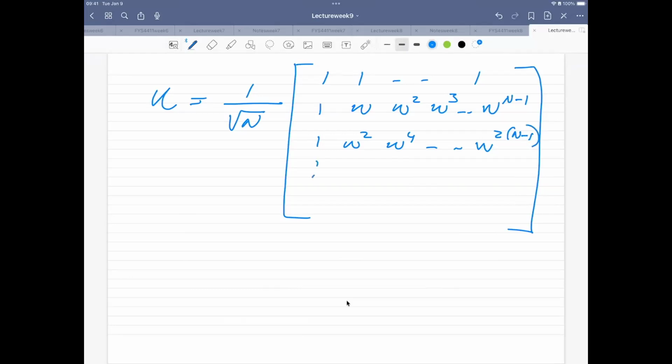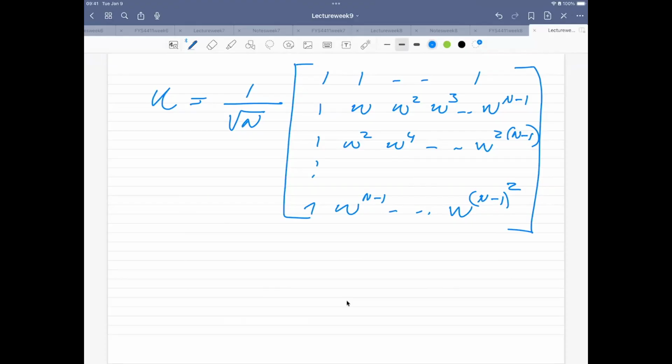And this goes all the way down here, where we have 1s, and omega to the power of n-1, and this goes all the way up to omega to the power of (n-1) squared. So this is the transformation which I get when I'm setting up the discrete Fourier transform.